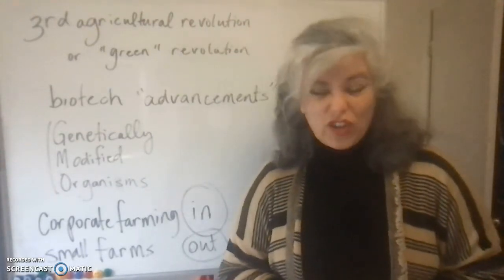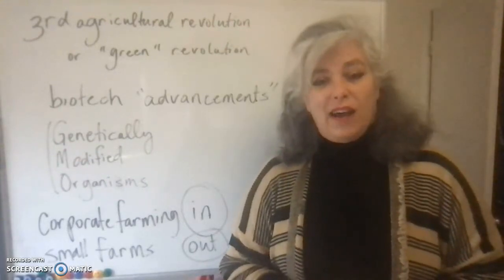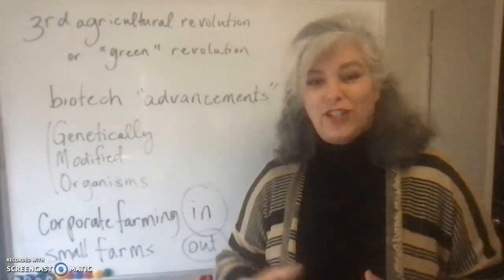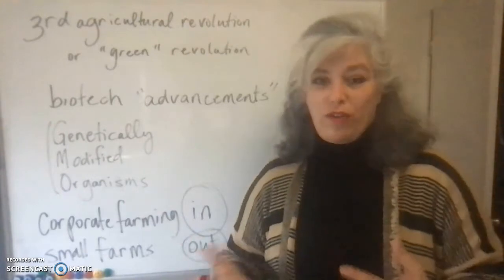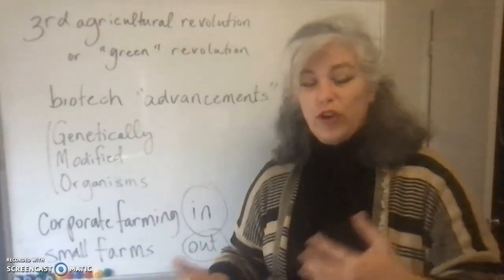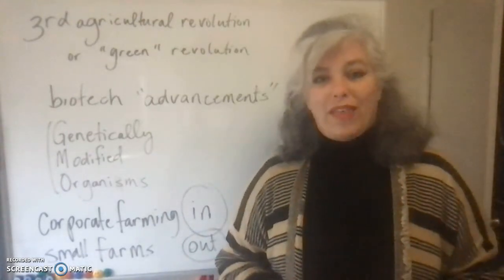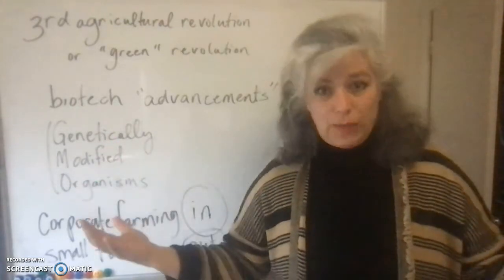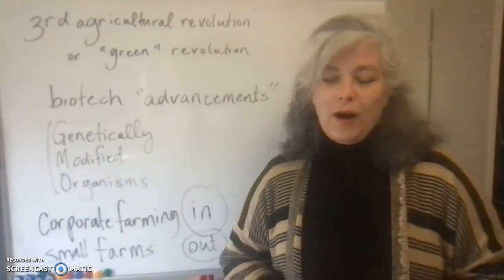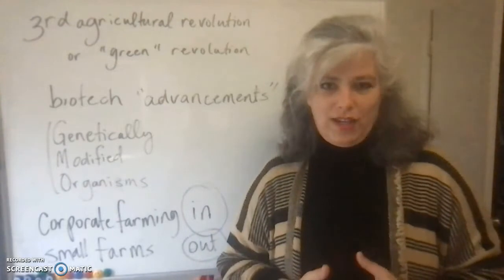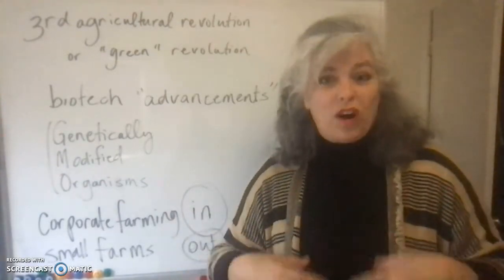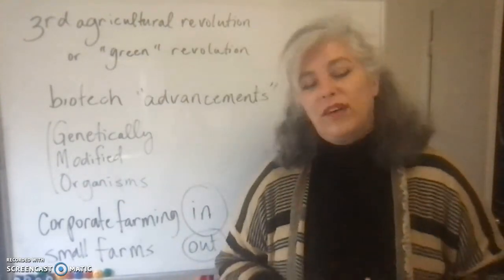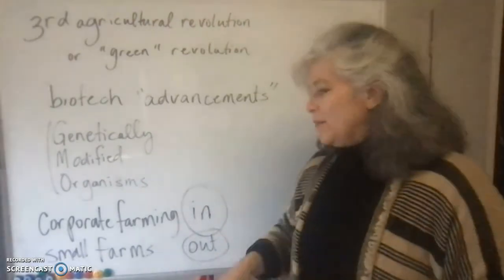Some of the artificial chemicals and the genetic modification, some of the questions about whether that is safe for human consumption or whether it's safe for other aspects of the environment, those things call into question the natural or organic nature of foods that are produced.